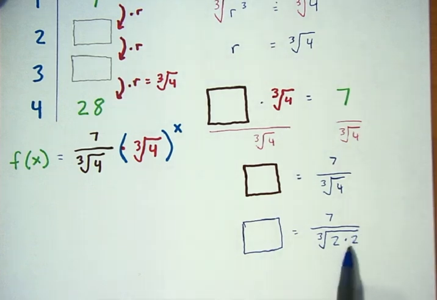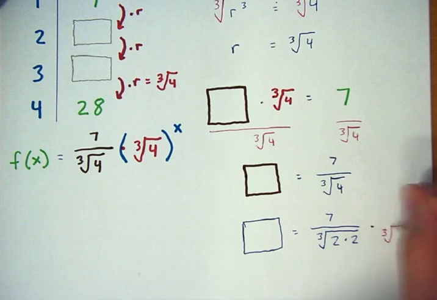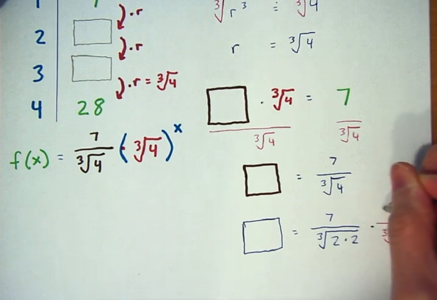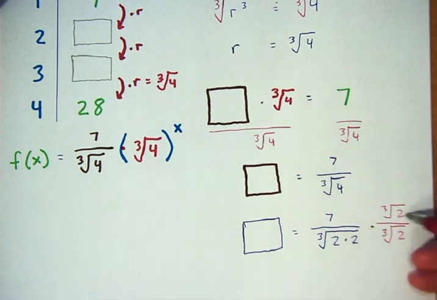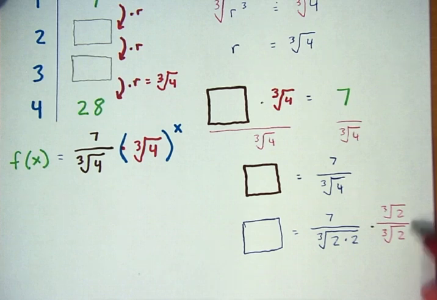And if I had 3 2's inside here, then I can get rid of this cube root. So I'm going to multiply the top and the bottom by the third root of 2. Multiplying by this does not change the value of this blue part because I am just multiplying by the number 1. This right here is a fancy way of writing the number 1.